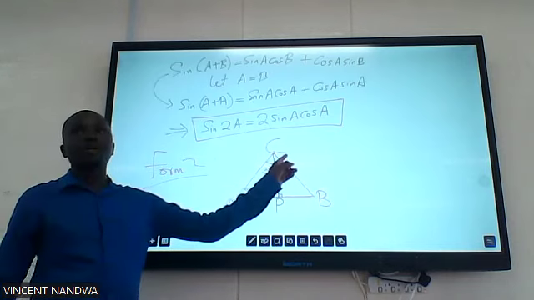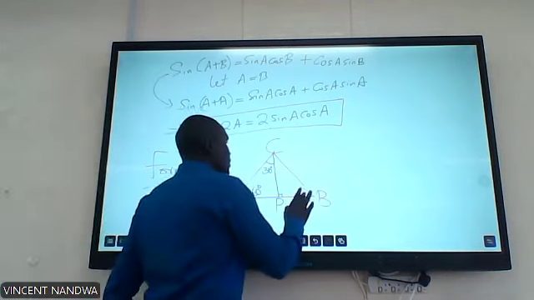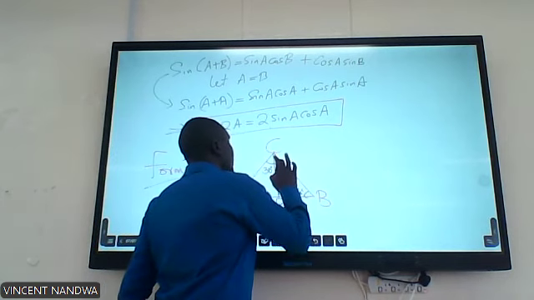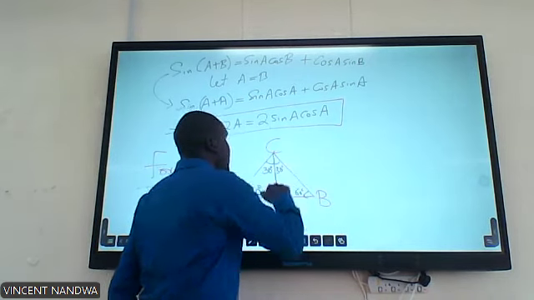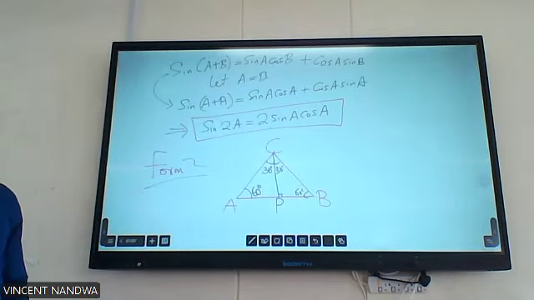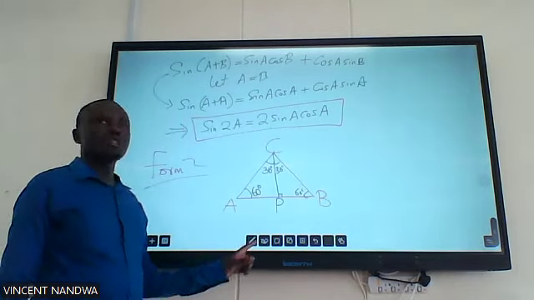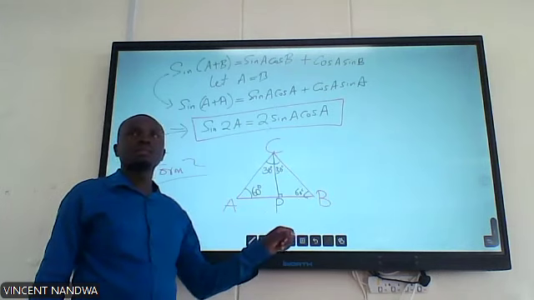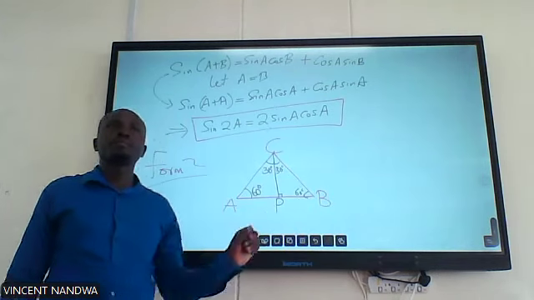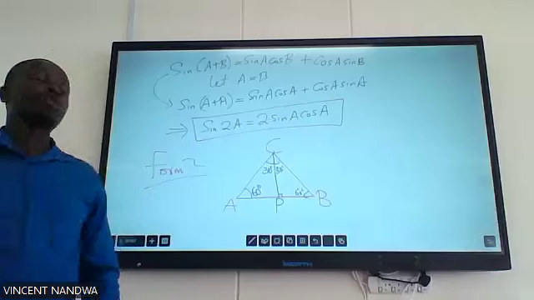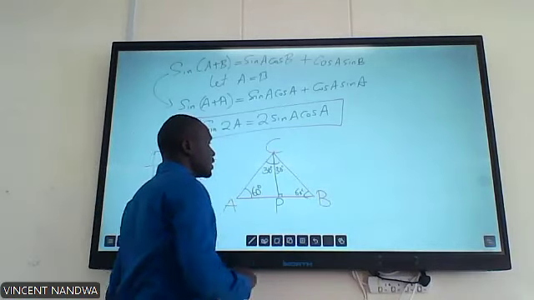This is an equilateral triangle, so this is also 60, and I have bisected this angle. So is there a relationship between AP and PB? They're equal, okay? So this distance and this distance are equal.